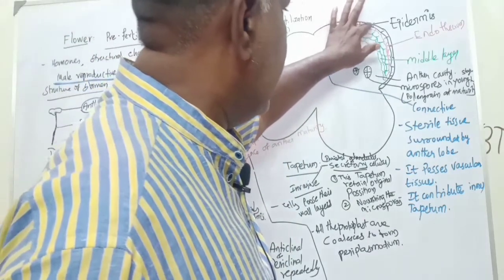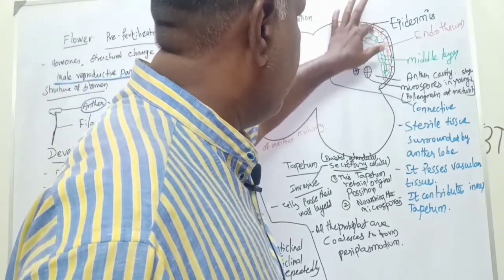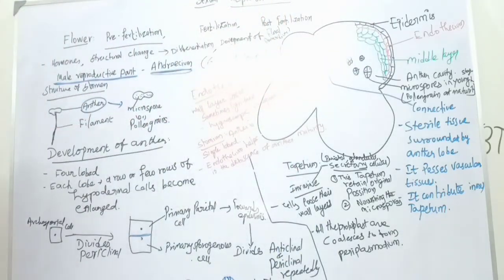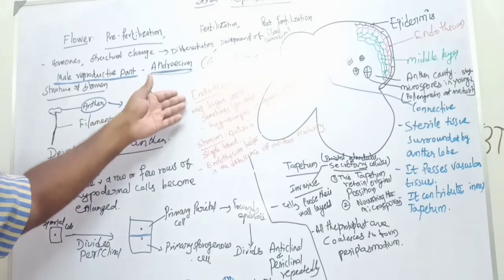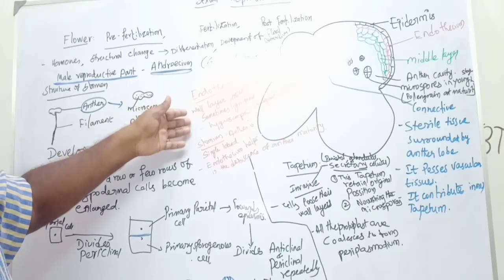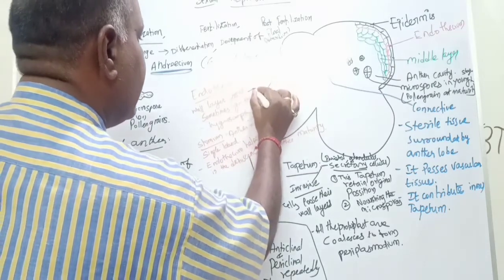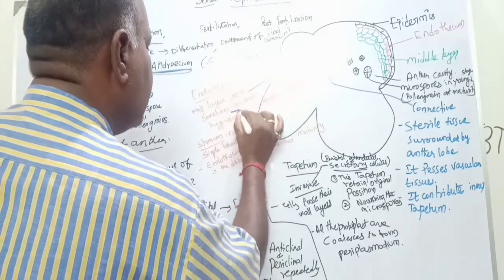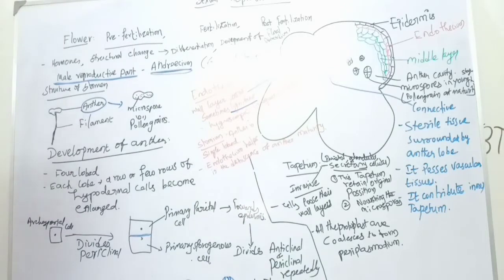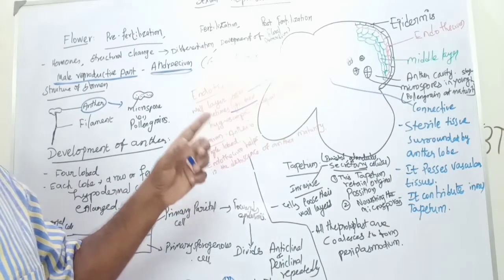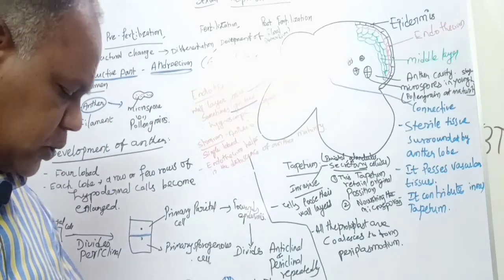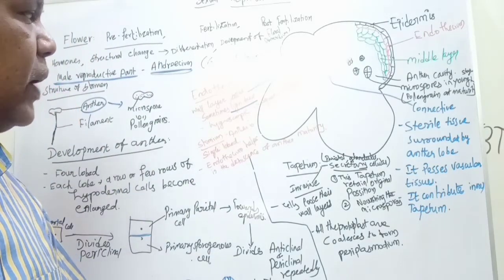The endothecium possesses alpha cellulose and is sometimes lignified. Underline the words alpha cellulose and lignified. Lignified means made up of lignin. It is hygroscopic in nature.